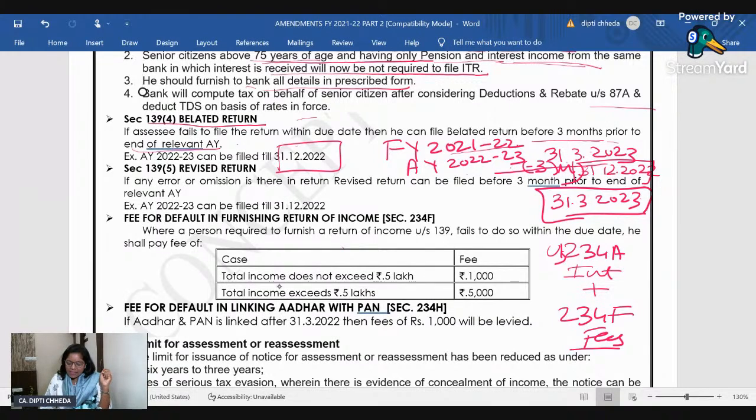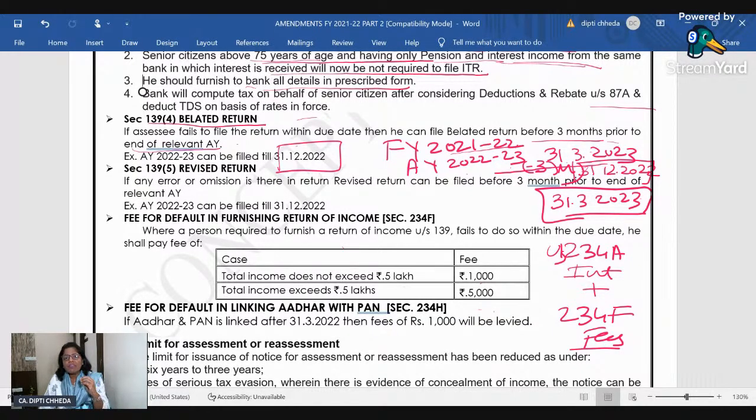If the total income, after all the deductions under Chapter VI-A, does not exceed 5 lakh, the fee is 1,000. If total income exceeds 5 lakhs, then it is 5,000. Only two slabs. Please make sure you change this if you are using last year's material.